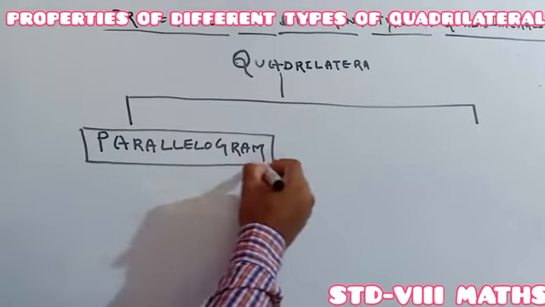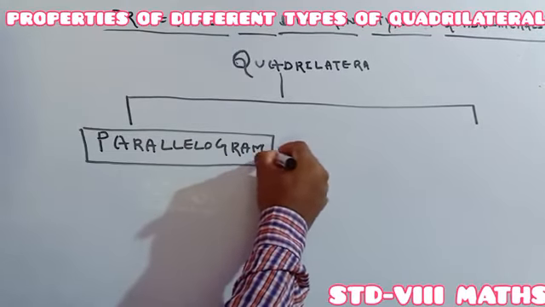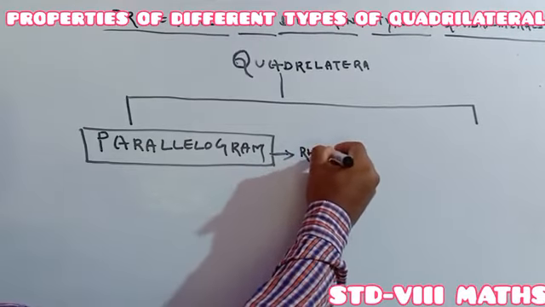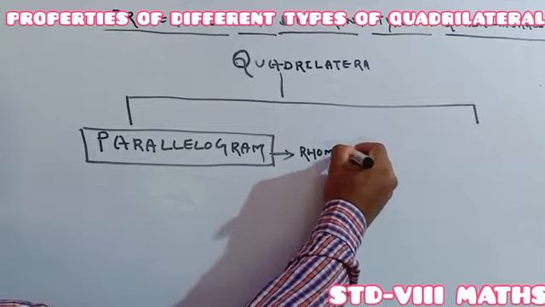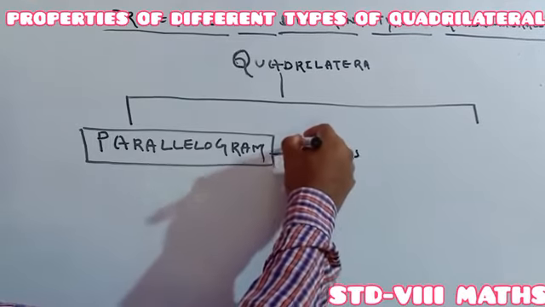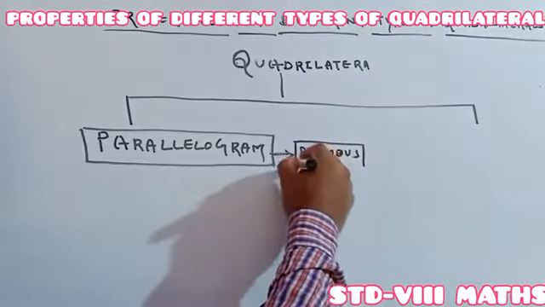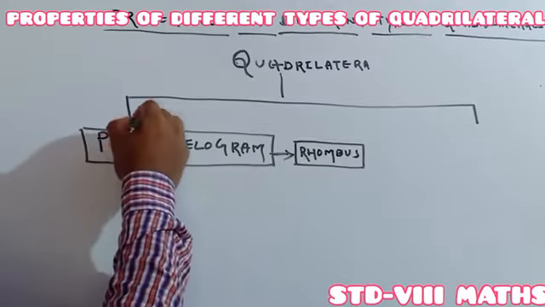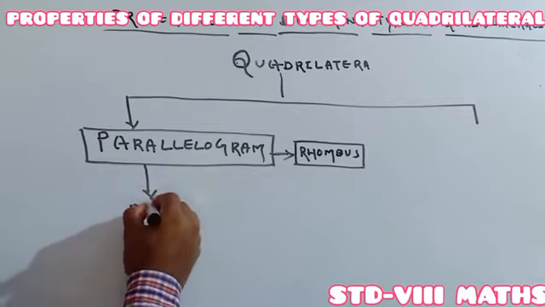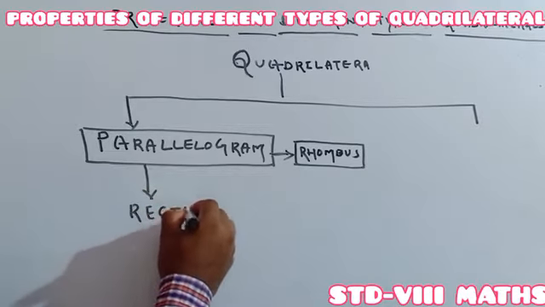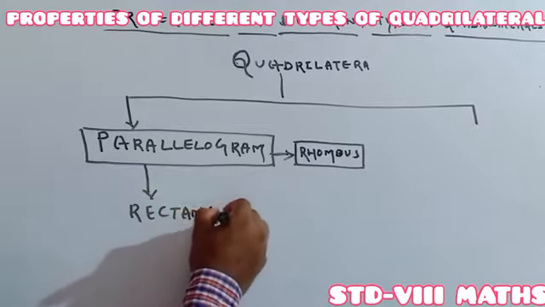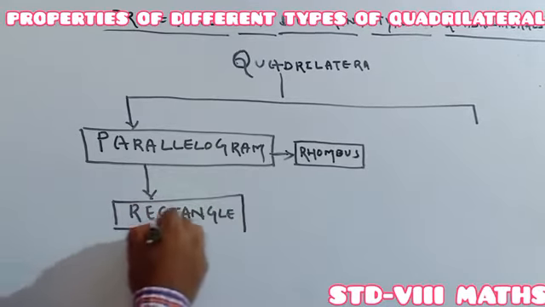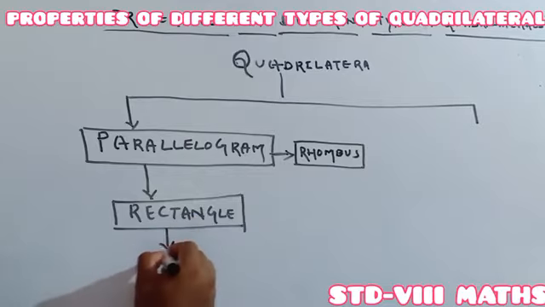Okay. Then from the parallelogram, here I am writing rhombus. Parallelogram to rhombus, I am saying. And below the parallelogram, here I am writing rectangle. And below the rectangle, I am writing the square.